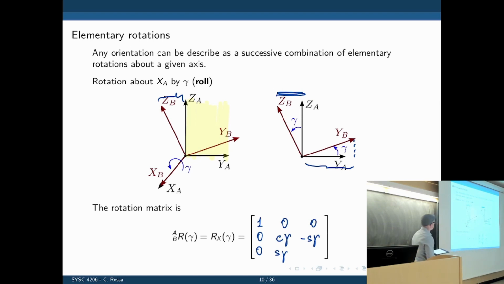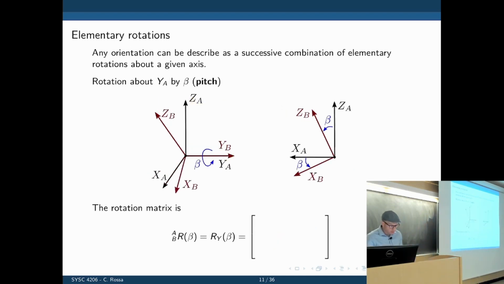And then the last one is the projection of both Z's, that is cosine gamma. Are we good? Questions here? No? Excuse me, minus sine gamma is ZB onto YA. So it's this projection here. This is sine, it's negative because it's on the negative y.